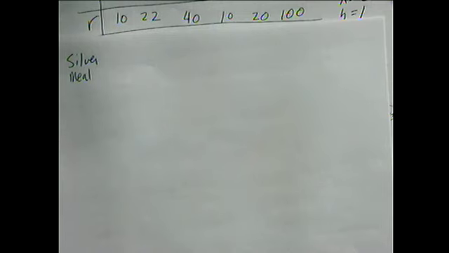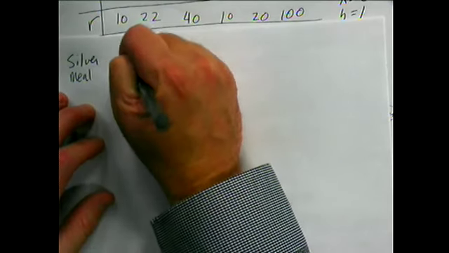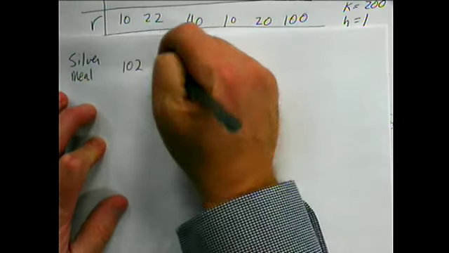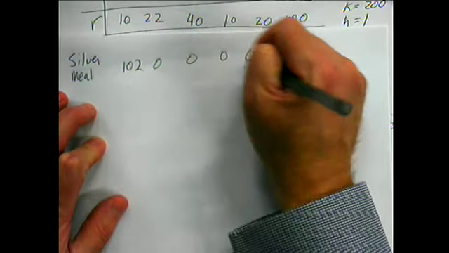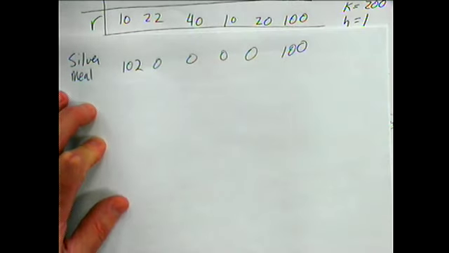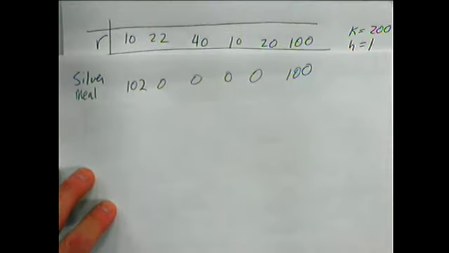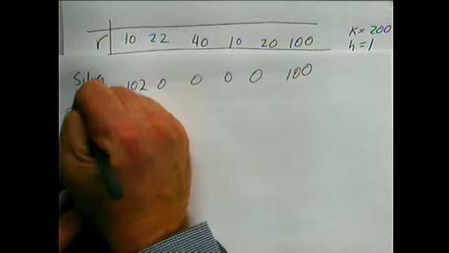So I'm going to, oh, what did I do wrong there? 40. So I'm going to produce 102 items in the first period, and then 0, 0, 0, 0, 100. That's my final schedule. What's my inventory look like?